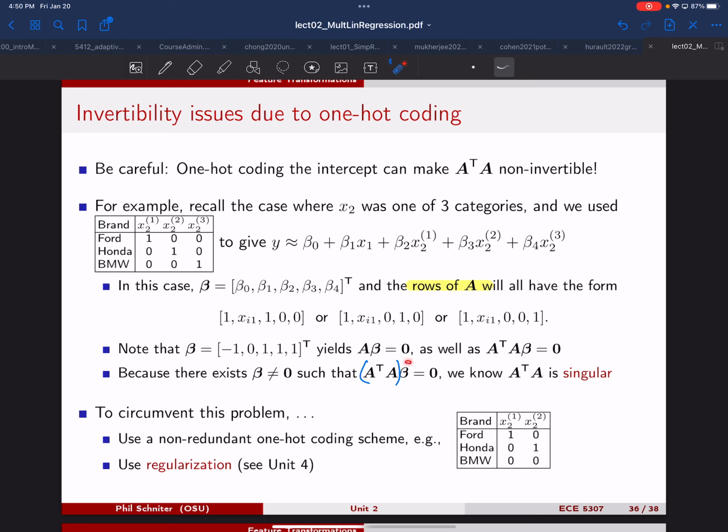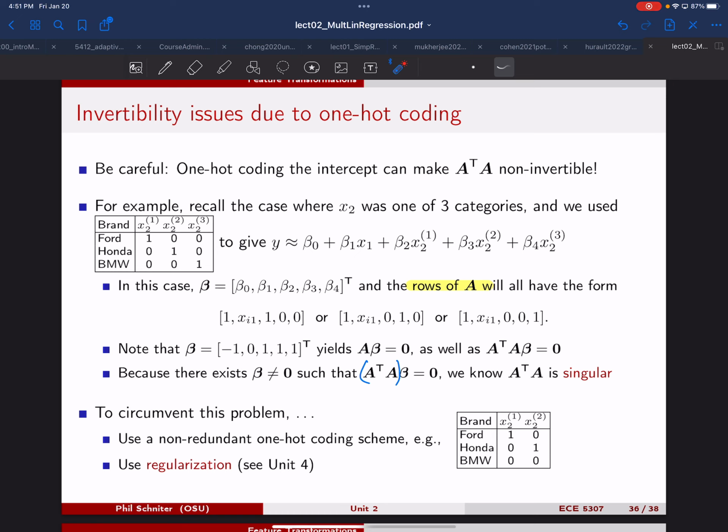No matter how beta is scaled, if I double beta, it's 0. So I've certainly lost that. That gives you an intuition about why these matrices are non-invertible. Whenever there exists a non-zero vector such that multiplying that matrix by it gives you 0, you know that this is non-invertible or otherwise singular. Singular is just another word for non-invertible.